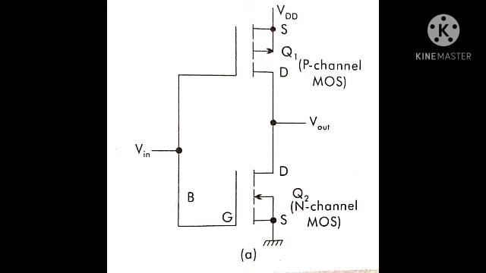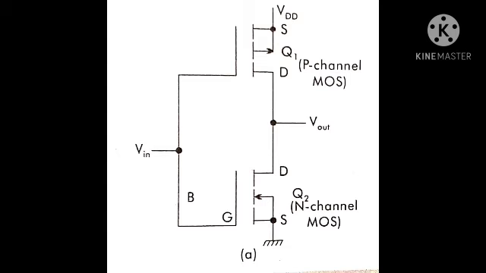Let us again see the circuit. Here we can see when the input voltage Vin increases to the value of VDD, or at least equal to VDD minus VTP, the threshold voltage of the PMOS, then the gate to source voltage of the transistor Q2 becomes more positive than VTP, and so Q1 will be off.